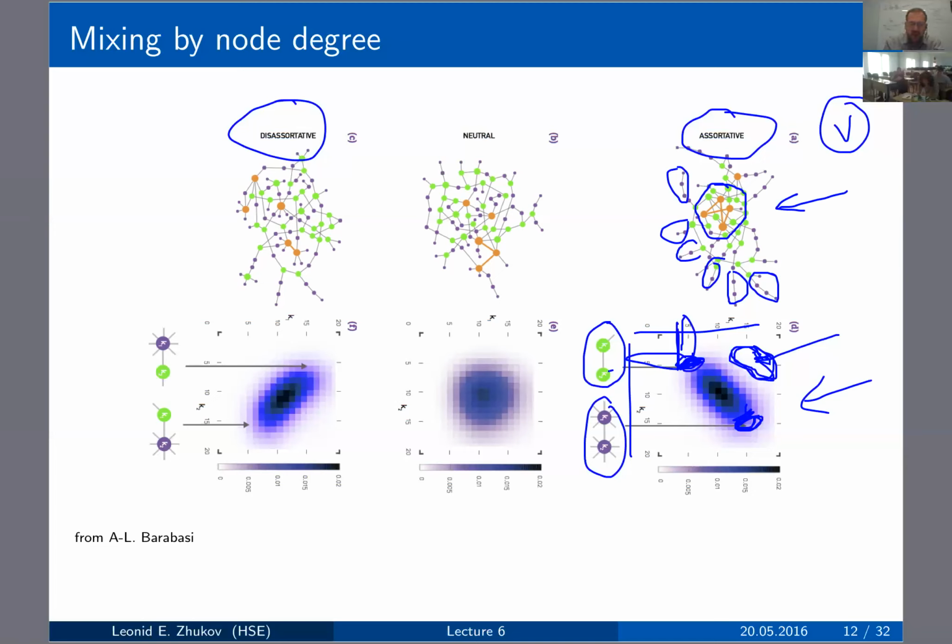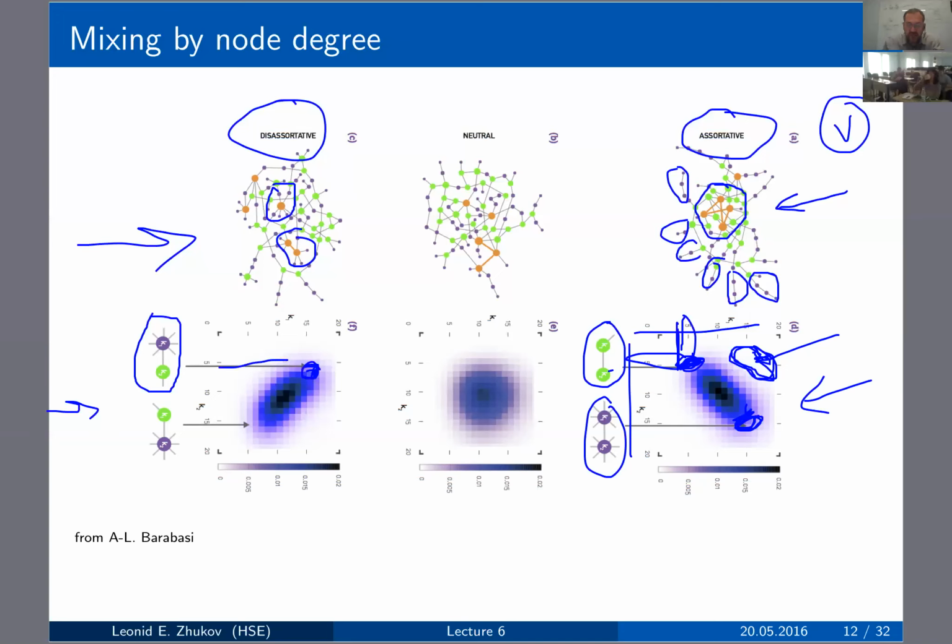If we look at this graph, what we notice is that the nodes of a high degree, like right here, are very well connected with the nodes of low degrees. And so what we see on this matrix, you can call it a correlation matrix, is that high degree connectivity with low degree nodes is again at this corner.